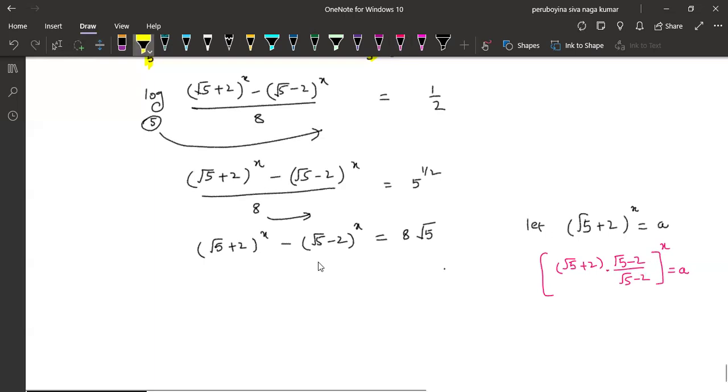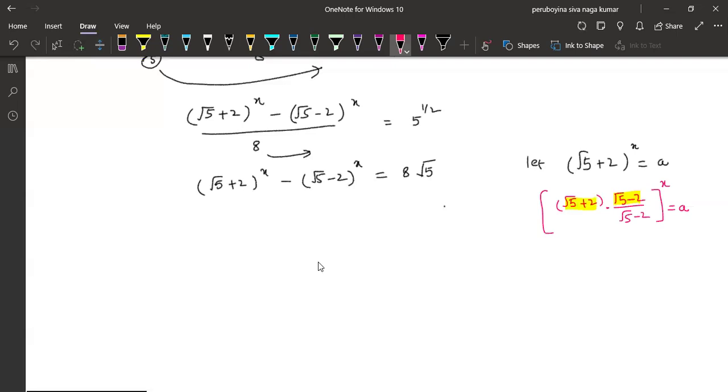You can use the rule a plus b into a minus b, which is a square minus b square. So root 5 square minus 2 square, divided by root 5 minus 2, and the whole thing is powered by x, equal to a. Now square and root got cancelled. Clearly this shows 5 minus 4, which is 1, divided by (root 5 minus 2) whole power x, is equal to a.